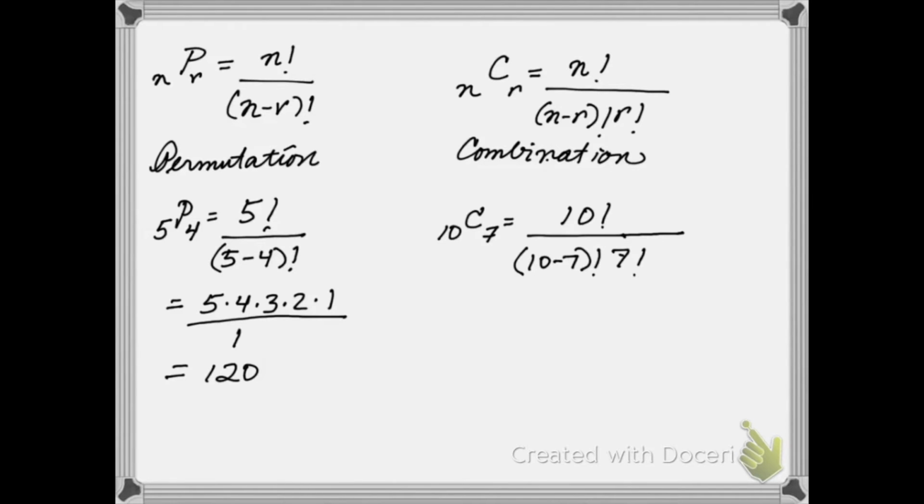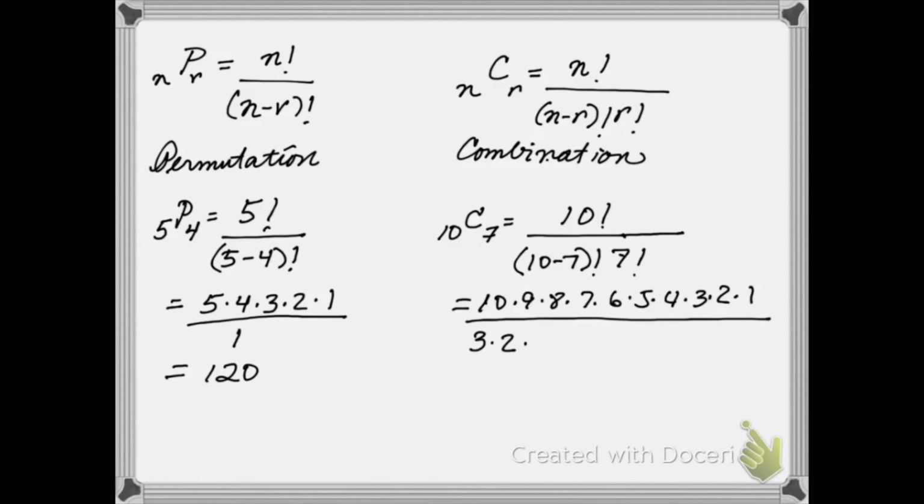Now the 10 factorial is 10, 9, 8, 7, 6, 5, 4, 3, 2, 1. Don't really need the 1, right? And then 10 minus 7, that's 3 factorial, which is 3 times 2 times 1. And then 7 factorial is 7, 6, 5, 4, 3, 2, 1.